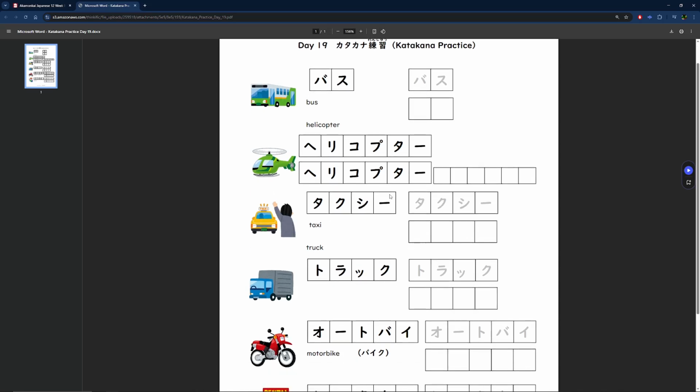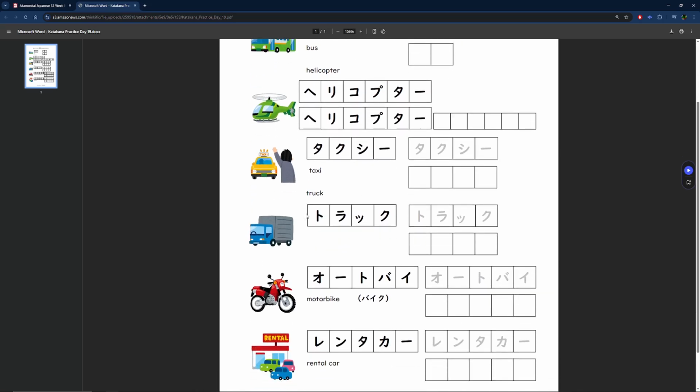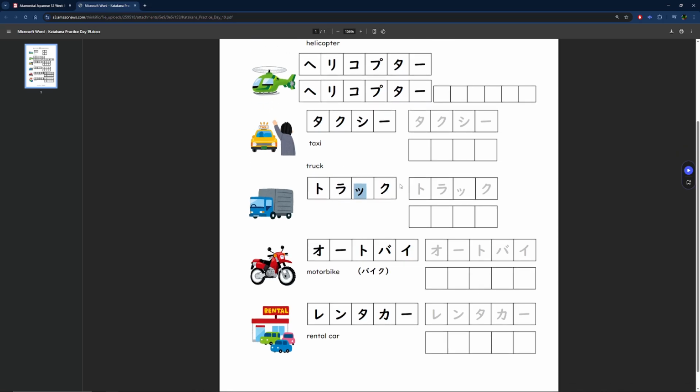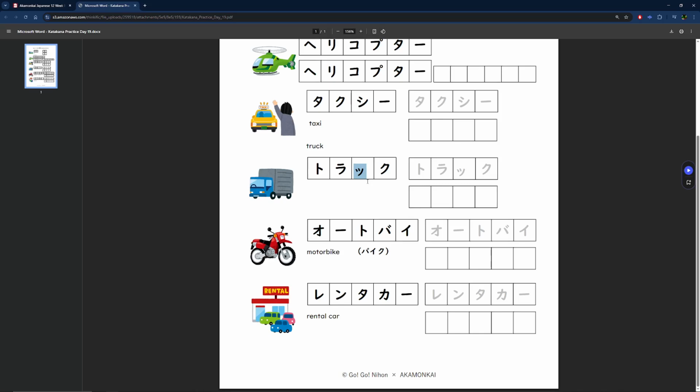Takushi. To. Is this ra? Yep. Tora. And this is. What is this doing? That's a small tsu. Small tsu. Toraku. Oh, so we're putting that emphasis there. Okay.